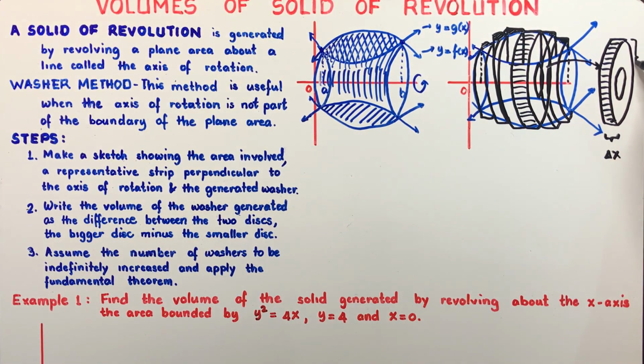However, this washer has an outer radius which is the y of this curve, f of x, and the inner radius is the y of this curve, which is the g of x. So the volume of this washer is the volume of the bigger disc minus the volume of this smaller disc, which is hollow at this time.